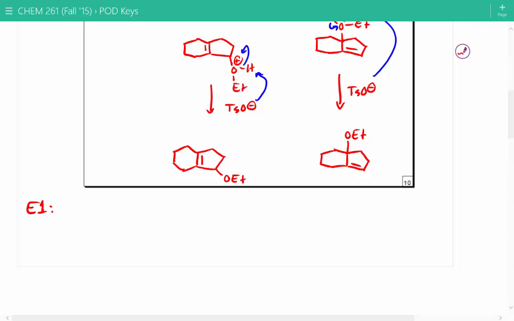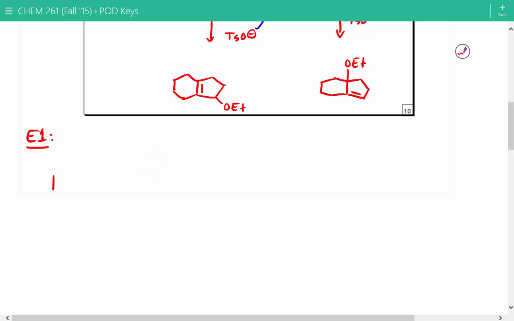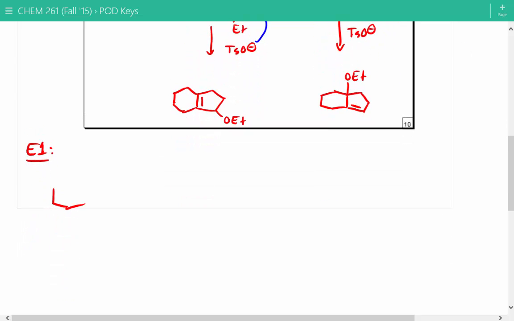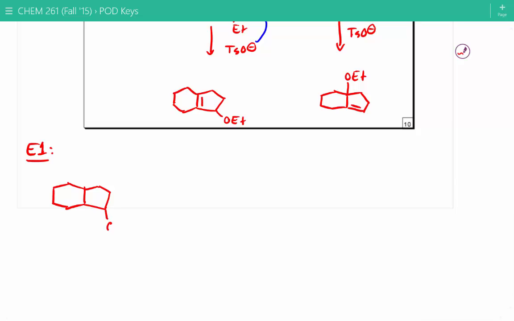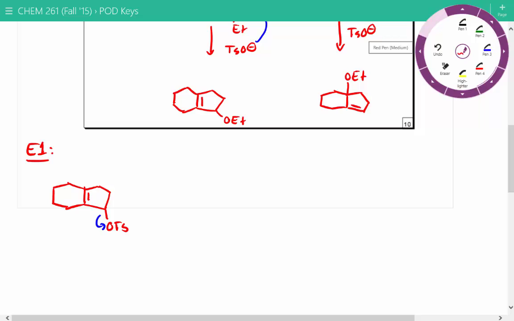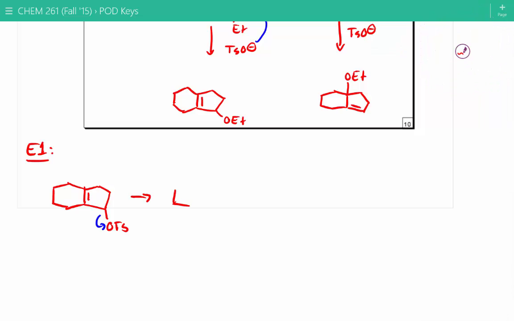let's do our E1 mechanism. So now we've got our tosylate. We said that the tosylate will fall off to give us our secondary carbocation that has resonance.